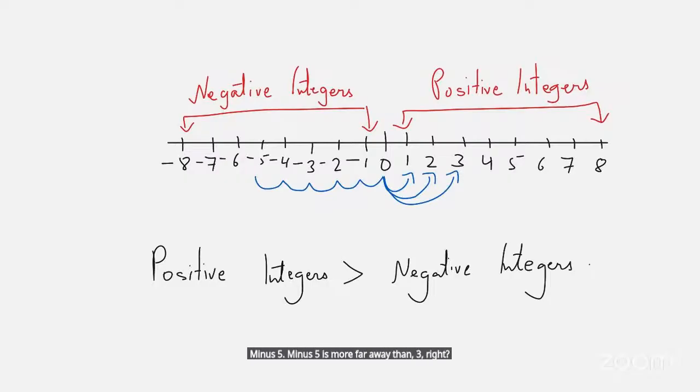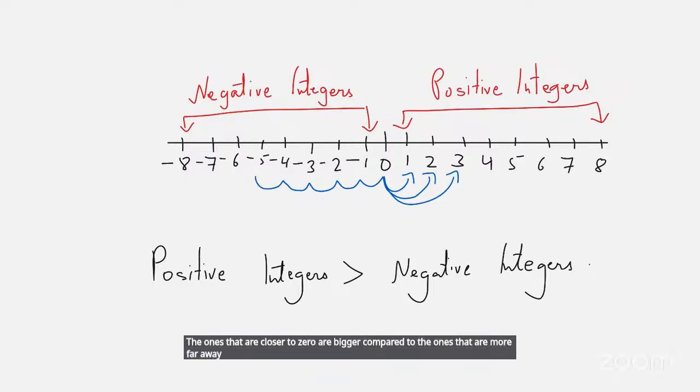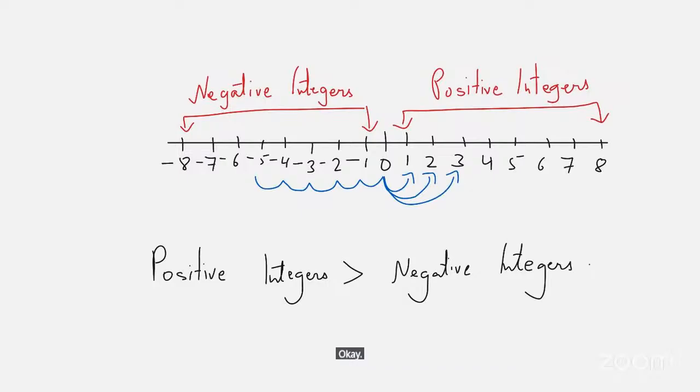So we can consider that the ones that are closer to 0 are bigger compared to the ones that are more far away from 0 on the negative side.